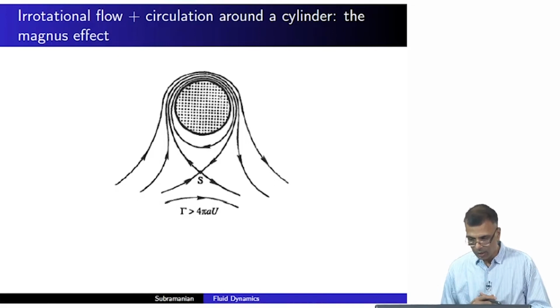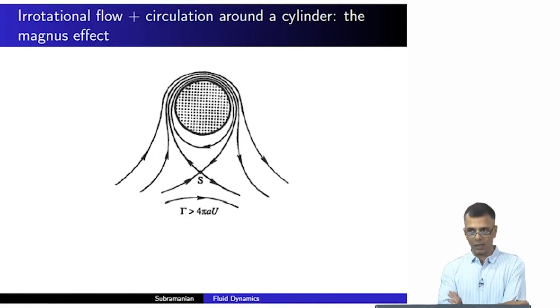Now we come to this, as was the case with the Bernoulli constant. We used it to demonstrate a couple of interesting real-life examples. Here is a real-life example that I would like to illustrate that uses the concept of circulation, if not the concept of Kelvin's vorticity theorem, at least. So you recall the potential flow around a cylinder.